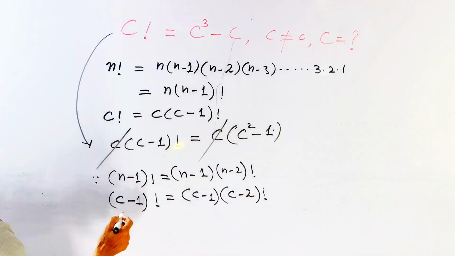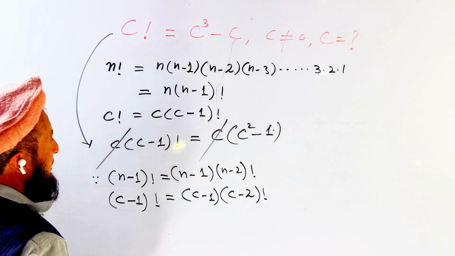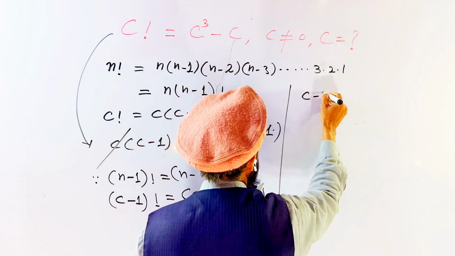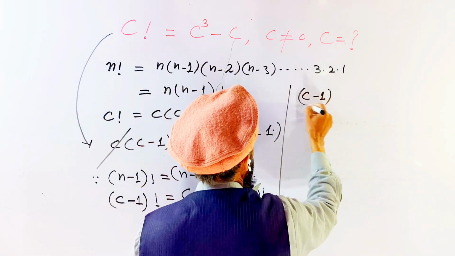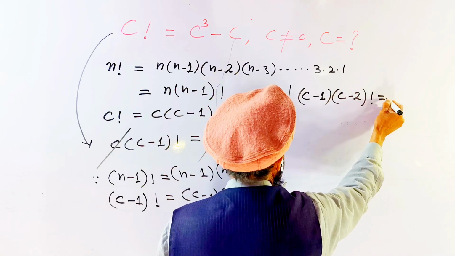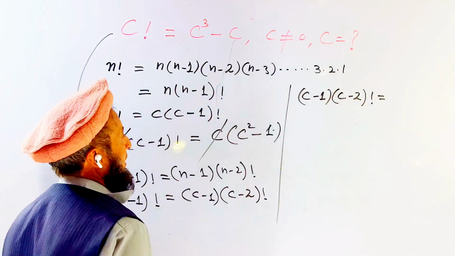According to this definition, we apply it on this term: C minus 1 into C minus 2 factorial is equal to C square minus 1 square.